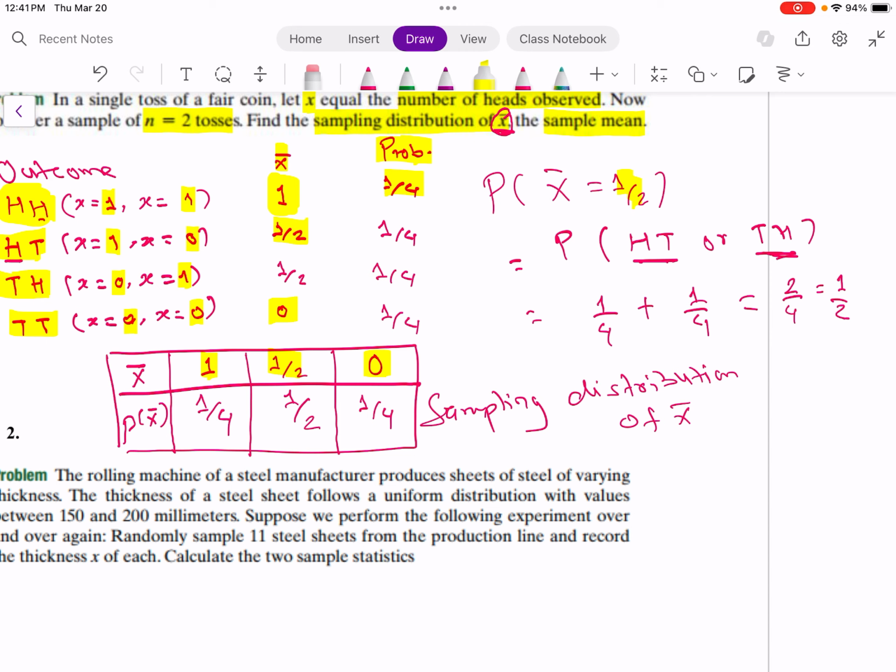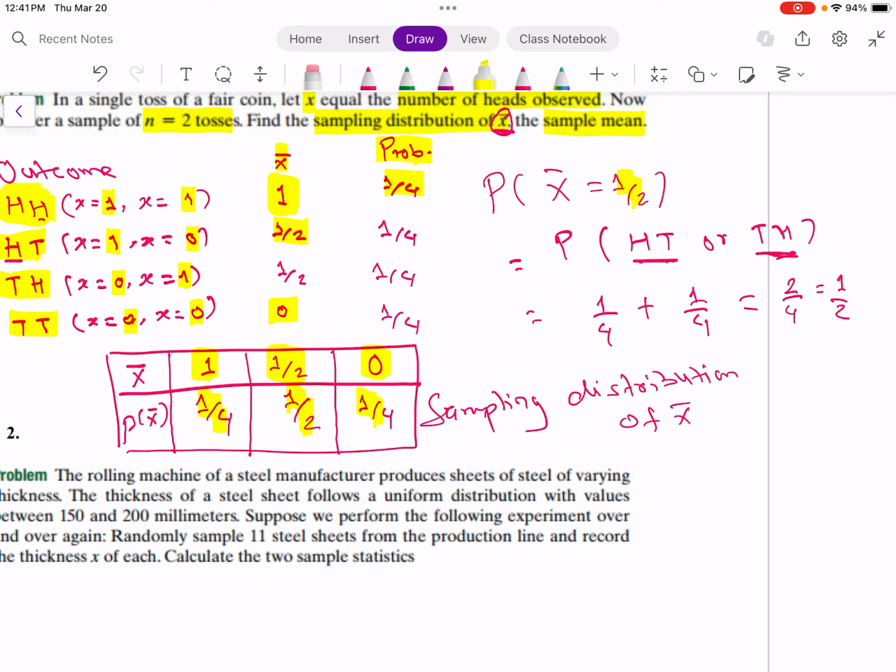The first property is that the probability that x bar takes some number is greater than or equal to 0. The probability that x bar is equal to 1 is 1/4, the probability that x bar is 1/2 is 1/2, and the probability that x bar is 0 is 1/4. So the probability that x bar takes some number is always greater than or equal to 0.